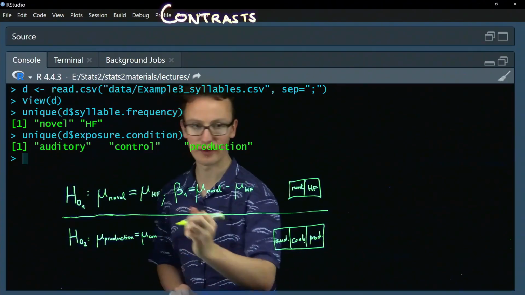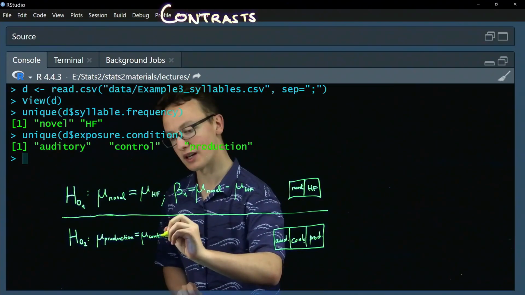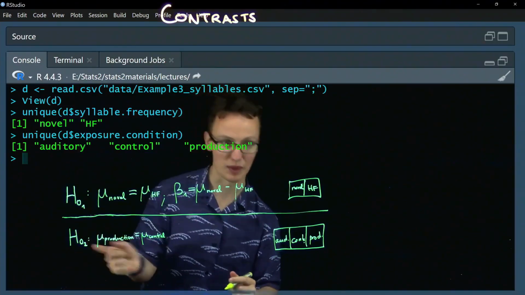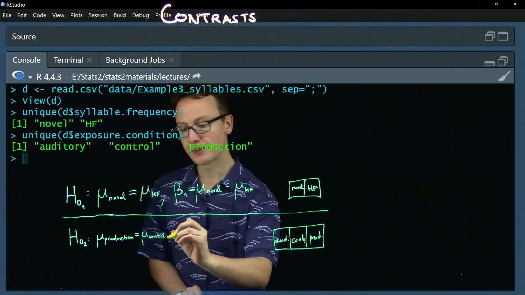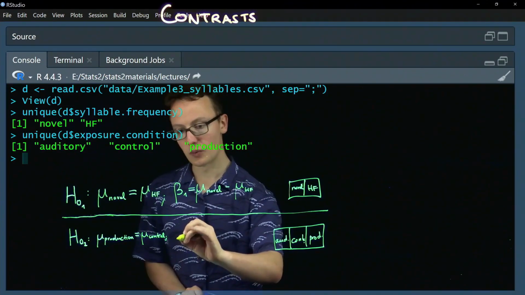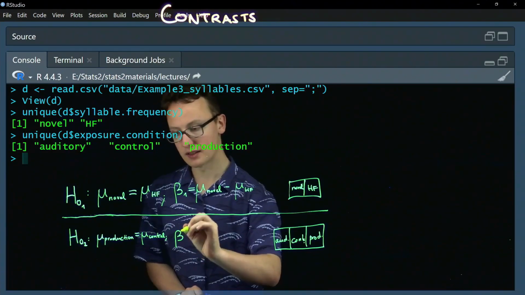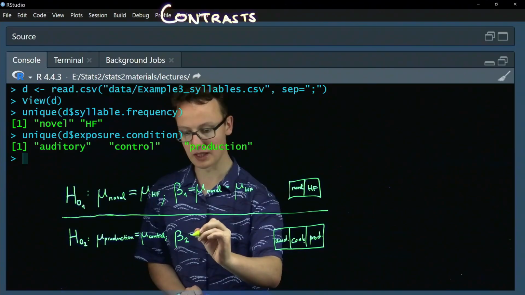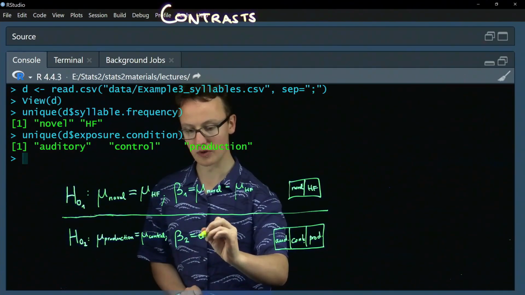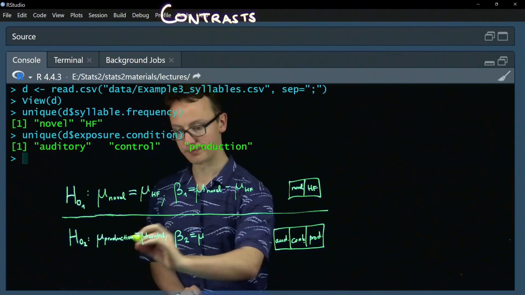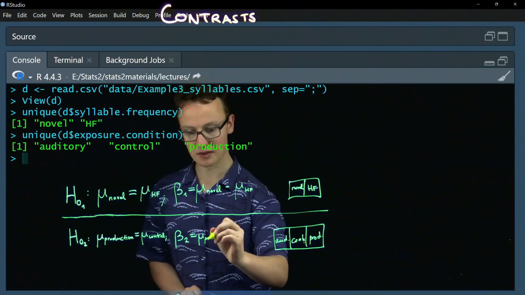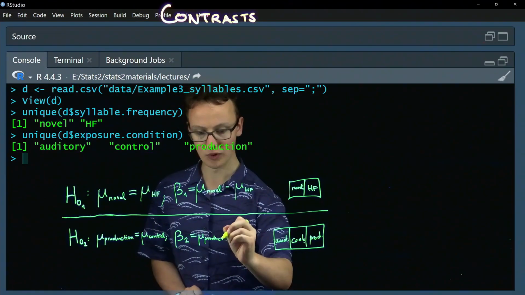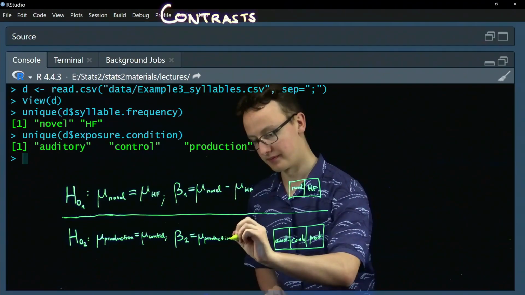So there's no effect of training by production. That's what this hypothesis would be saying. And we specify beta here as beta 2, which will be equal then to that difference, right? So mu of production minus mu of the control condition.